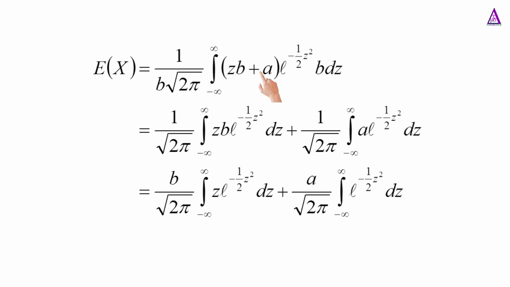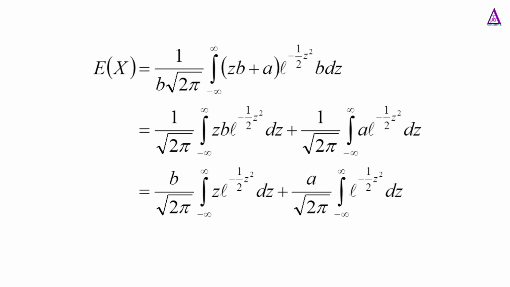So by opening the bracket, we have 1 divided by square root of 2 pi, that is our b here, cancel b there. So we have 1 divided by square root of 2 pi integral from negative infinity to infinity zb exponential raised to power negative 1 divided by 2 z square dz plus 1 divided by square root of 2 pi integral from negative infinity to infinity a exponential raised to power negative 1 divided by 2 z square dz.